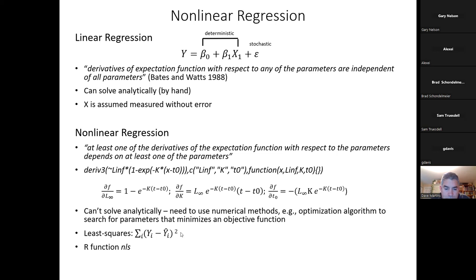Sum all those across the observations, and that would be the sum of squares, and then the algorithm just keeps searching until that least squares function is minimized. The common function in R is the NLS function, which is the nonlinear least squares, and you don't have to load a package for that, it's in the base package.